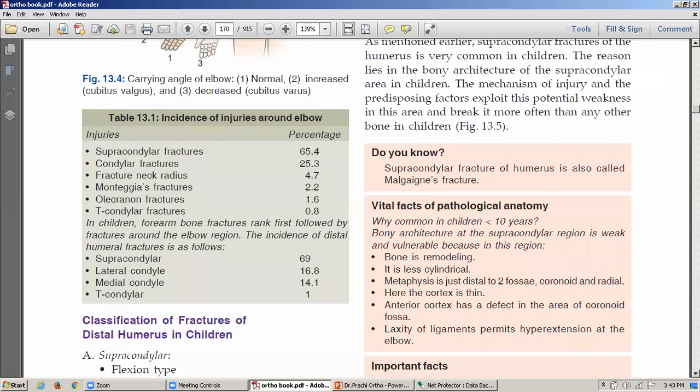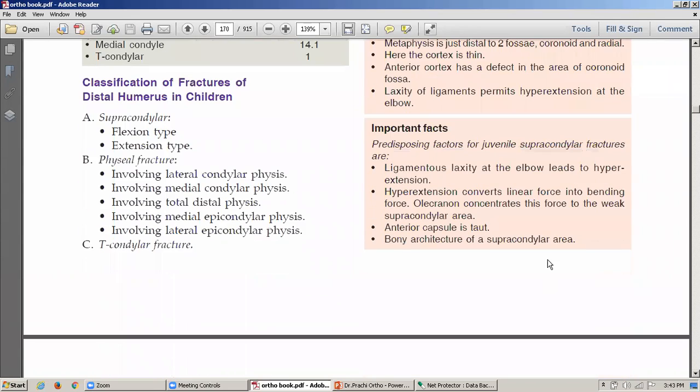Then the classification of fractures of the distal humerus in children. First is the supracondylar, in which there is a flexion type and an extension type.